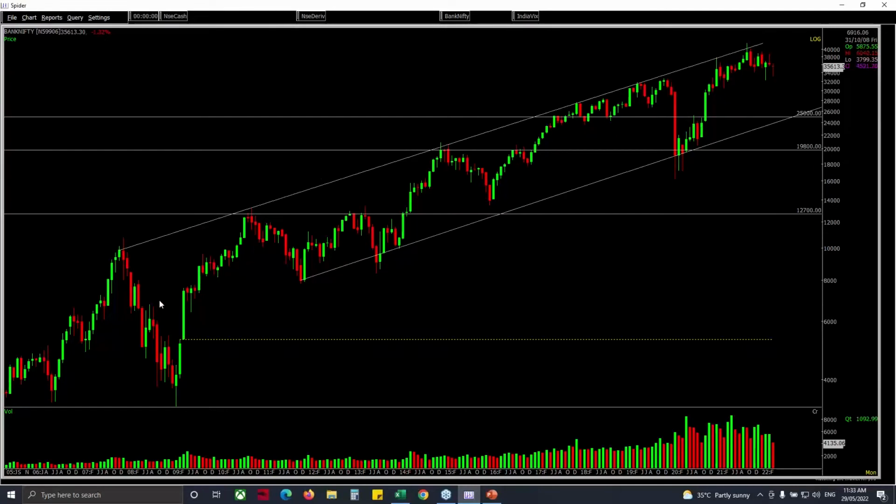Again, on the monthly chart, it is clearly visible to everyone that a channel pattern, an upward moving channel, is formed, where Bank Nifty tends to take support at this level. Since many years, it had even taken the support of the same trend line in the COVID fall as well.